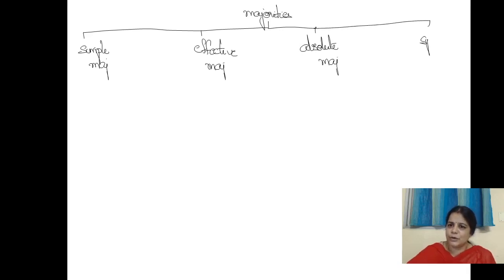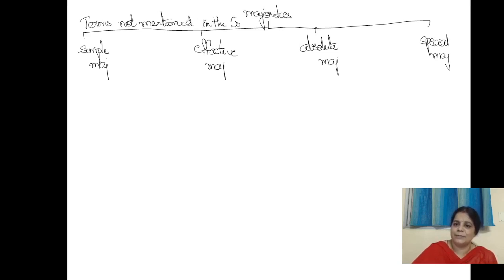Now the first point you have to remember is, please remember, these terms are not mentioned in the constitution. Nowhere will you find in the constitution the word simple, effective, absolute or special majority. Then what is written in the constitution? In the constitution, simple majority is denoted as majority of members present and voting.